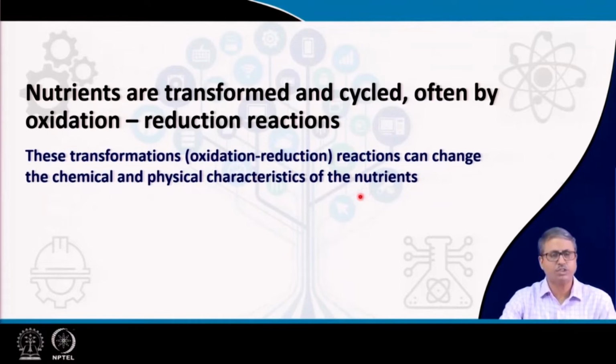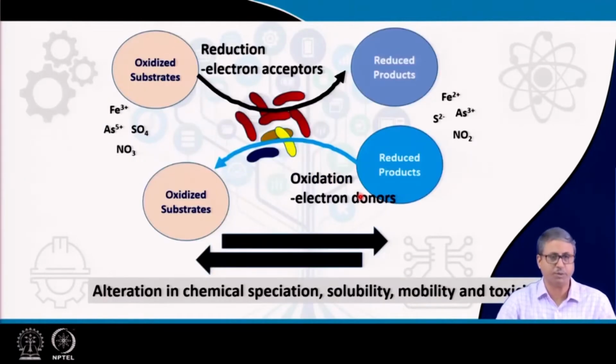Some oxidation reactions can alter the chemical and physical properties in some way, and other reduction reactions can bring those nutrients or other chemicals back to their original form, or can alter them subsequently. So, these are alterations of their physical and chemical properties.